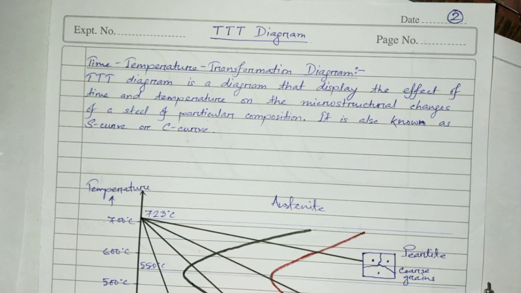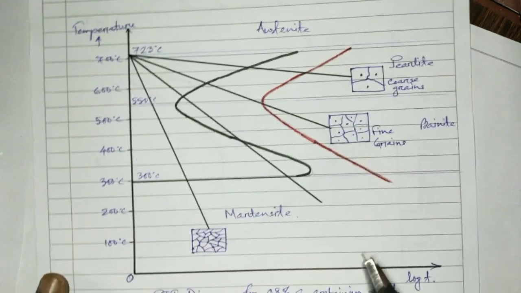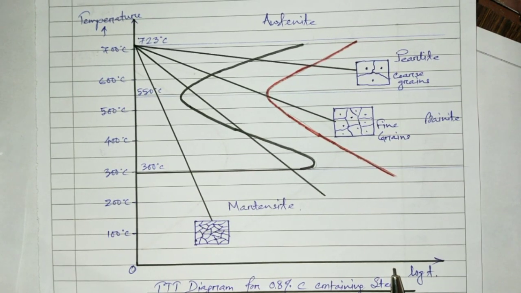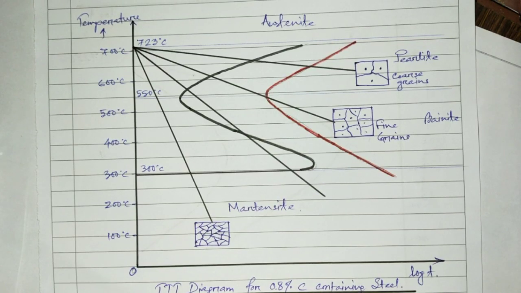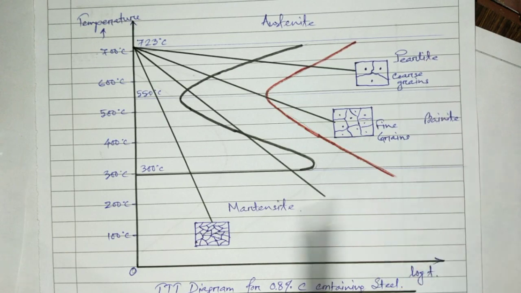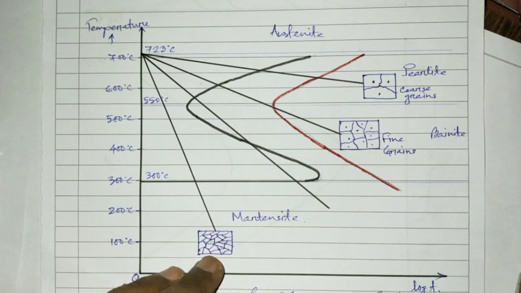For example, this is the TTT diagram of 0.8% carbon steel, where the austenite has been transformed into certain different iron forms. Before that, we must know how this diagram is drawn.